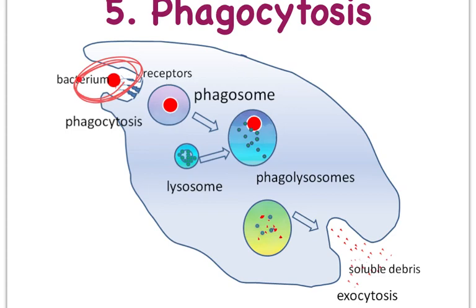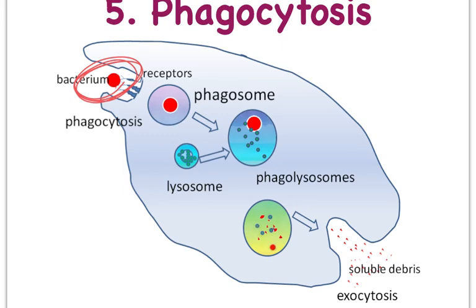The bacterium is engulfed in a little vesicle, which we'll call a phagosome. The phagosome then fuses with a lysosome to form a phagolysosome. And remember, the lysosome contains all kinds of pretty harsh enzymes that can digest even organelles if they manage to get to organelles. But here, fortunately, they stay within a vesicle, together with the poor pathogen.